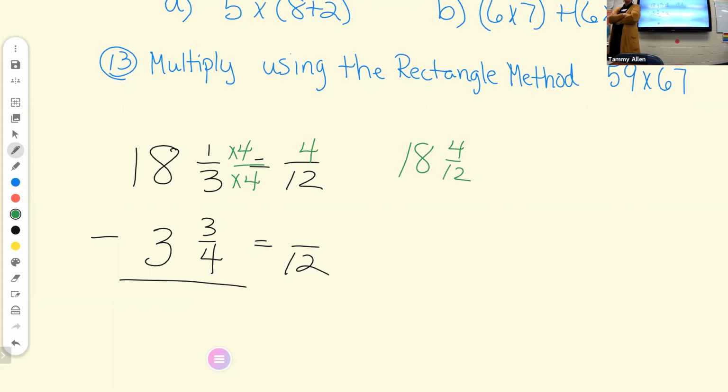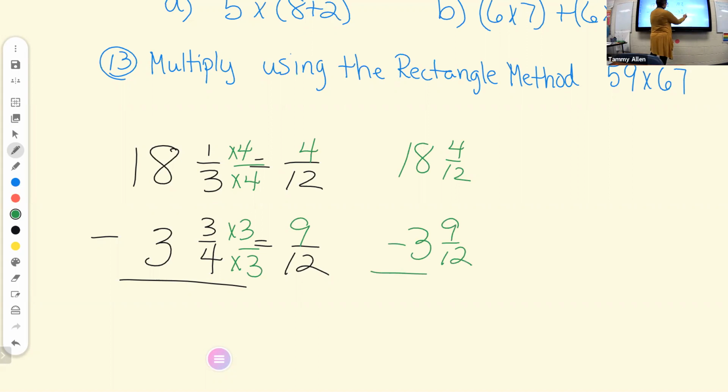What do we do with that one? So our new mixed number is 3 and 9/12. All right? So what do we do next?